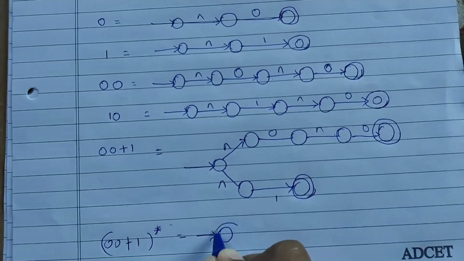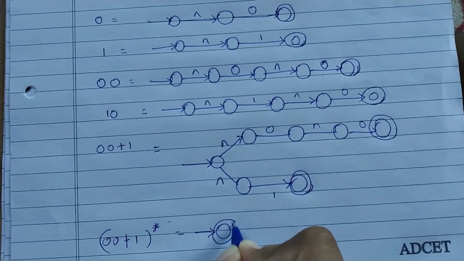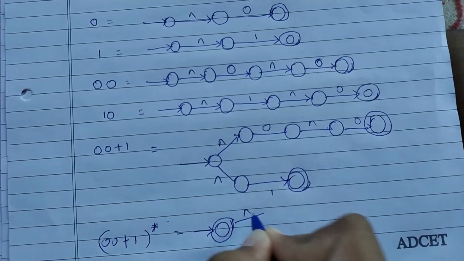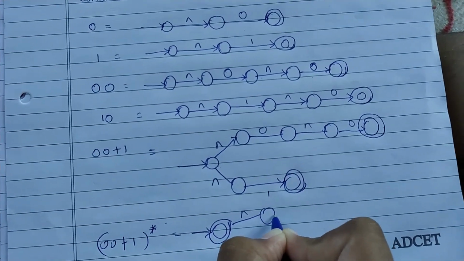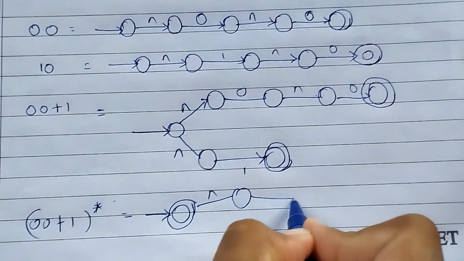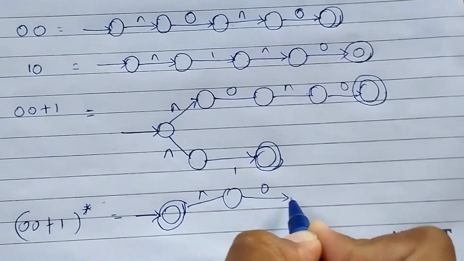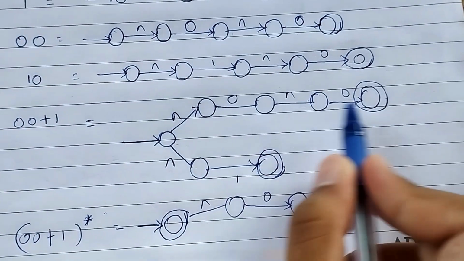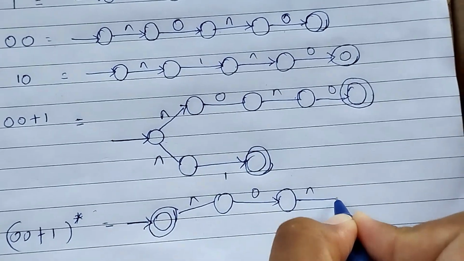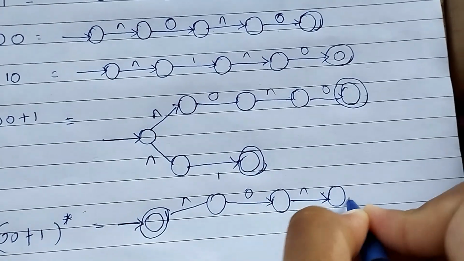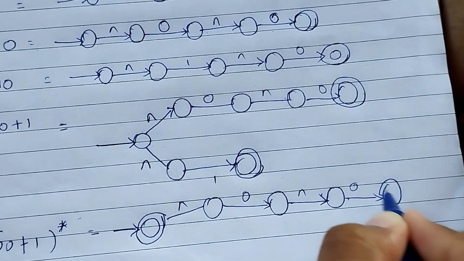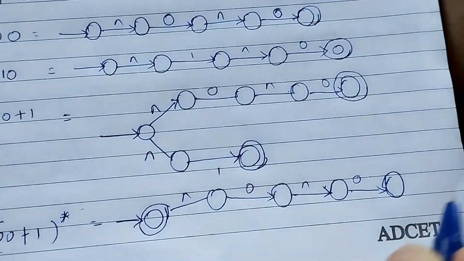So first the initial state is accepted for the star. Then here is null value, 0, then this 0, then the next state, this null and 0. So null and this 0, but only a single state here, we do not accept this.